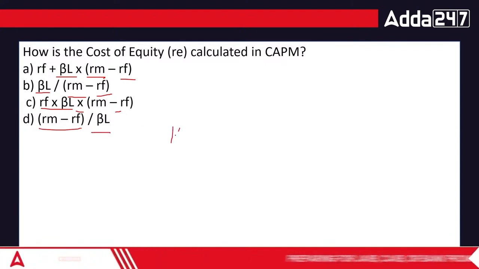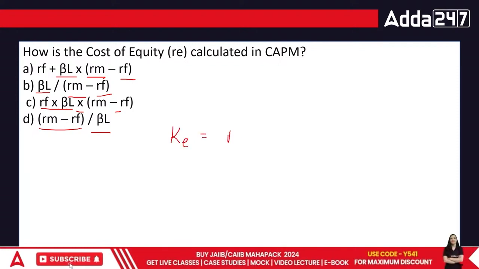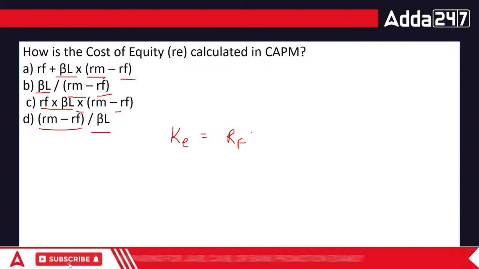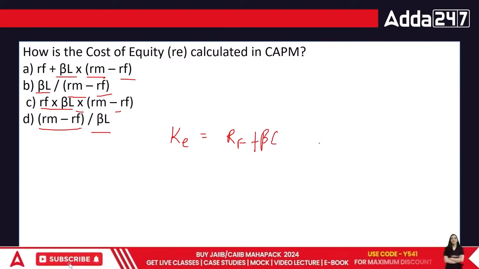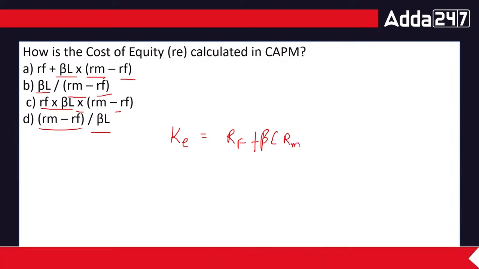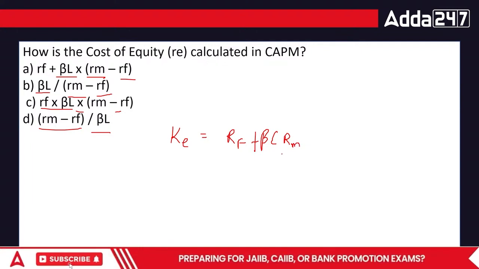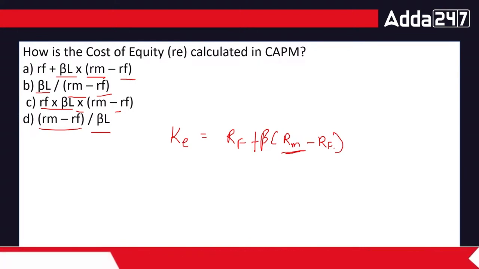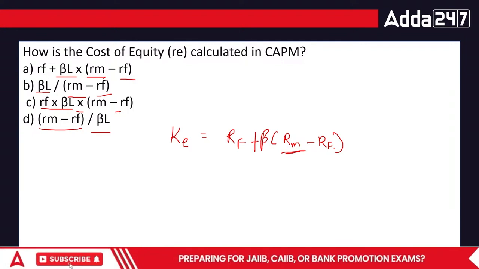First of all, when you're trying to find the cost of equity, it is based upon the risk-free rate of return. You add up your beta, and then you have your RM, that is the return of the market minus the return of the area where we do not have any risk at all. That's the rule.